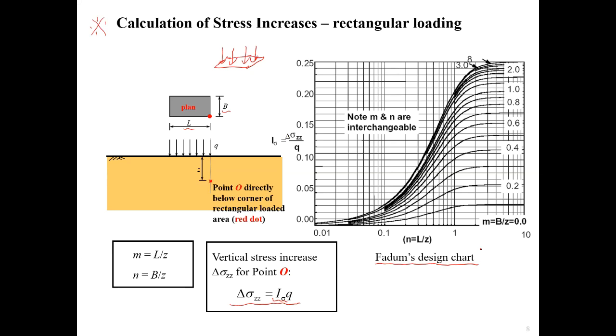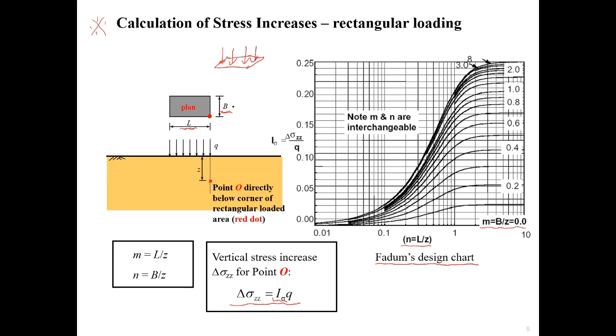On the chart, the horizontal axis is N, the ratio of L over Z, and the curves on the chart go to M, the ratio of B over Z. L and B are the length and width of the rectangular loading area, and Z is the depth of the point. For the majority of cases, L is the long side of the rectangle and B is the short side.